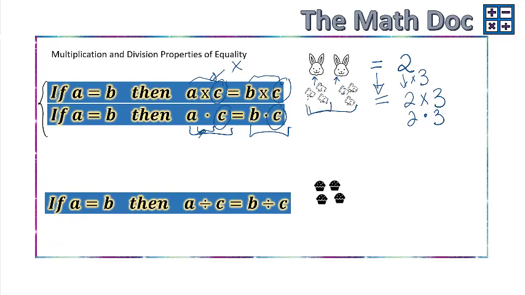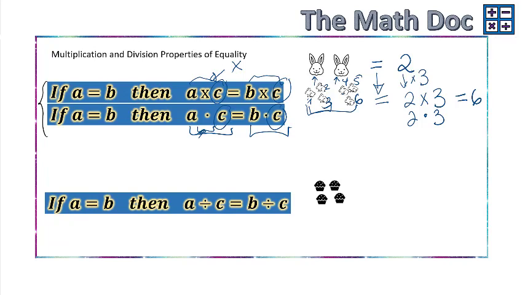The baby number is just 3 times the number of the moms, and 2 times 3 is just 6. And indeed we said we had 1, 2, 3, 4, 5, 6 babies. So that is a demonstration of how we use the multiplication property of an equality.